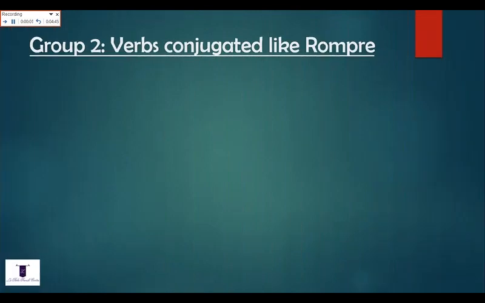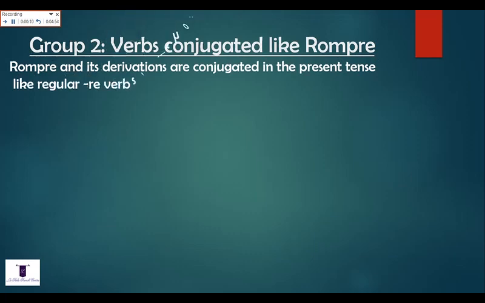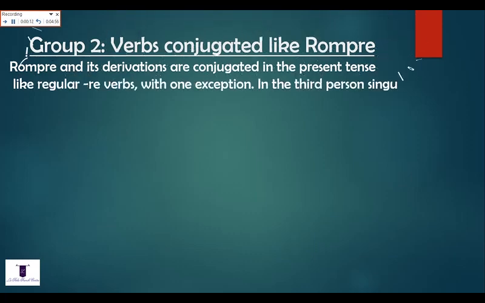Now let's move to group 2, which are the verbs conjugated like rompre. And how do you form the present tense of such verbs? So rompre and its derivatives are conjugated in the present tense like regular RE verbs, but there's a difference, with one exception.